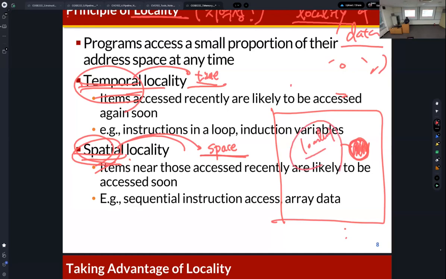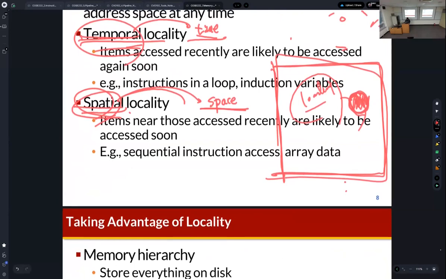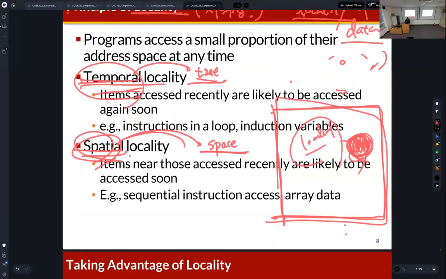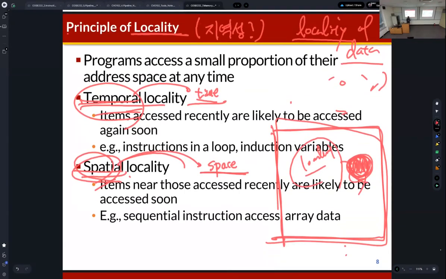Which means that I have a very large amount of data, but in a very short time, we only use part of the data. We do not use the entire data in a short time. And this small amount of data is repeatedly used again and again.